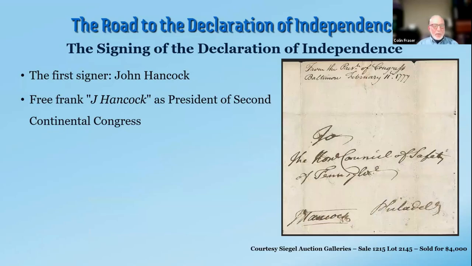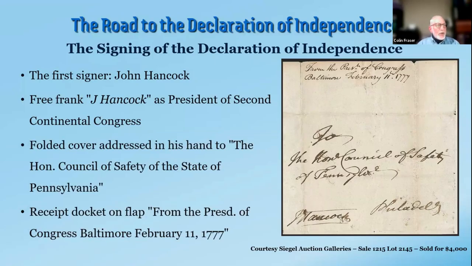This document came up for sale not that long ago and sold for $4,000, a free frank of John Hancock. It was addressed to the Honorable Council of Safety, the state of Pennsylvania, and on the back there's a docketing that says, from the President of Congress, Baltimore. That's where it was sent from in 1777.